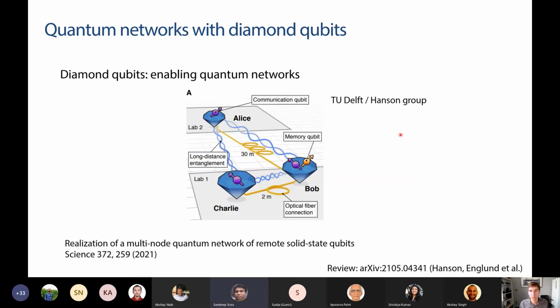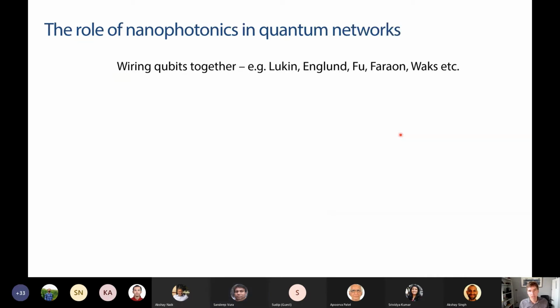Okay. Thank you. And then this is an even more complex version of that, but the same principle. By using indistinguishable photons, we can create entanglement between these qubits. And then nanophotonic devices serve the purpose of potentially allowing us to wire these qubits together.